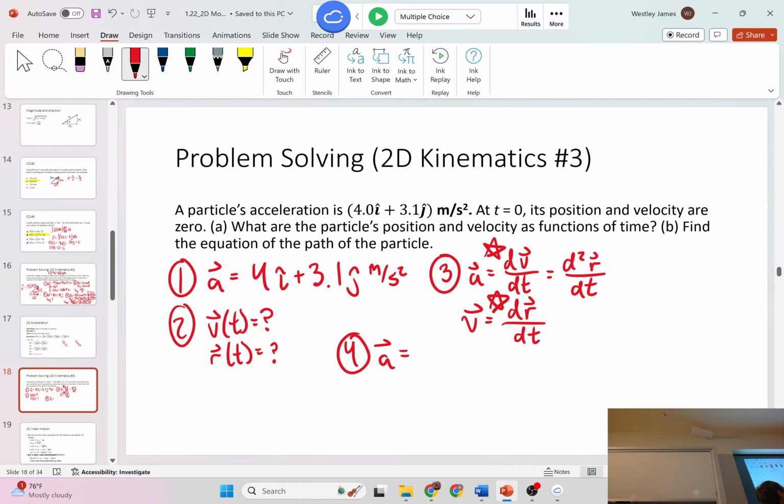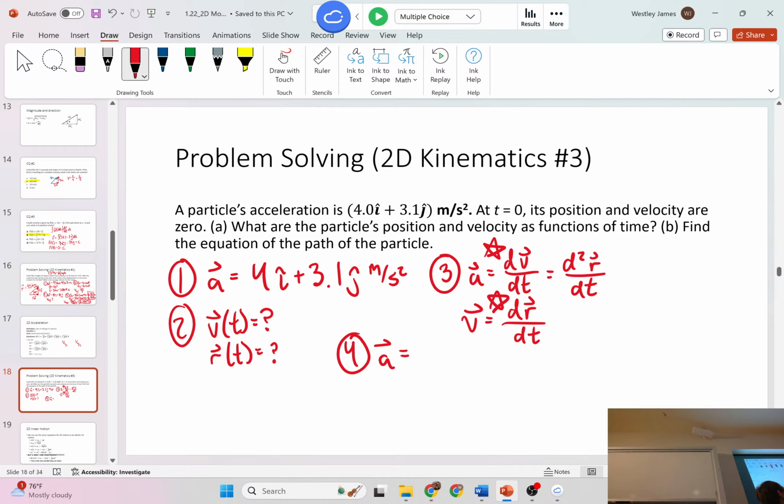They didn't have t's, now they do. Plus a constant, but this problem specifically says at t equals 0, its position and velocity are 0. So c ends up being 0, so we don't have to worry about it. Just like before, if I plug in t equals 0, this is 0, this is 0, it needs to equal 0, so c is 0. But those boundary conditions are important.